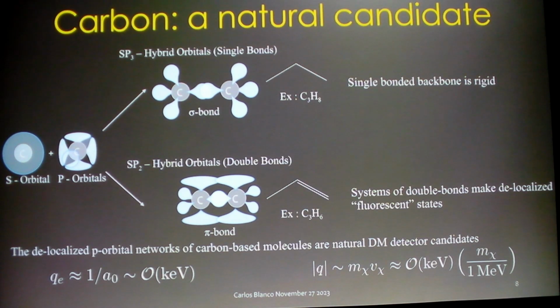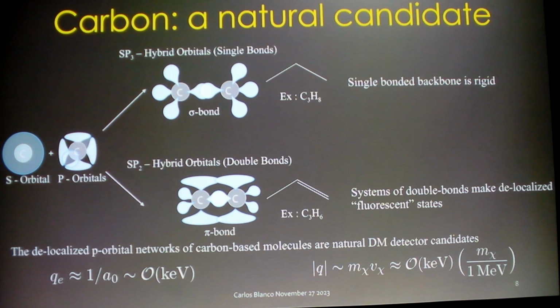So the electrons in carbon can hybridize into these sp2 and sp3 orbitals, and of importance is this sp2 hybridization, because here you have carbon atoms that are bonded first longitudinally in this single bond, but importantly they form a preferential plane, symmetry plane, and above and below that plane you have these pi bonds, and these are very delocalized orbitals where the electrons are free to drive transitions that the molecule doesn't really know about.